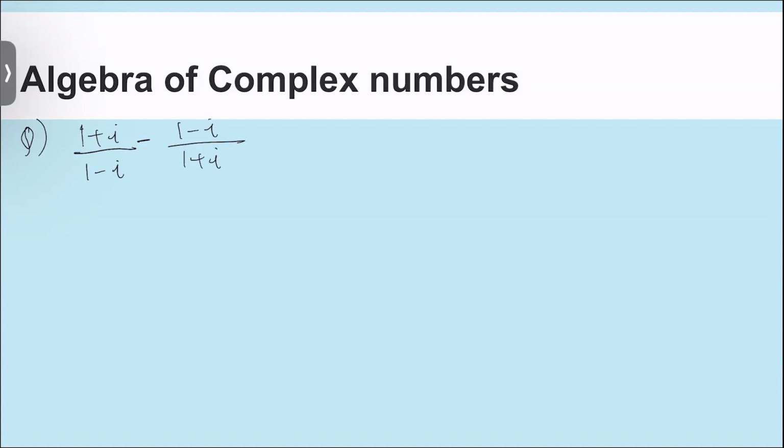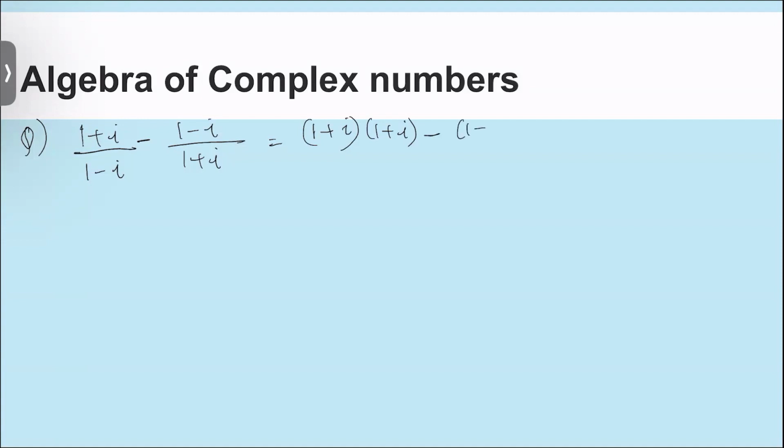Okay, so if this is a question, you have 1 plus I upon 1 minus I. You multiply the numerator and the denominator with 1 plus I, the way you normally solve a fraction.